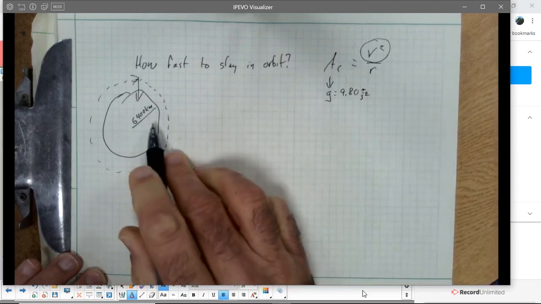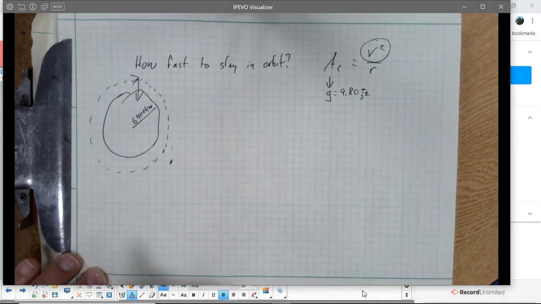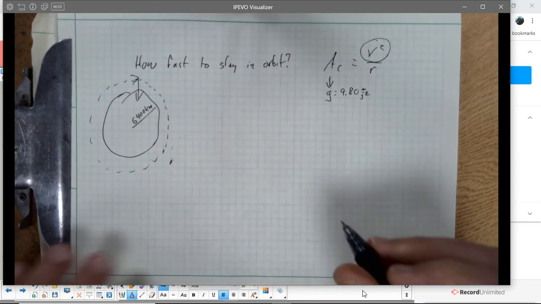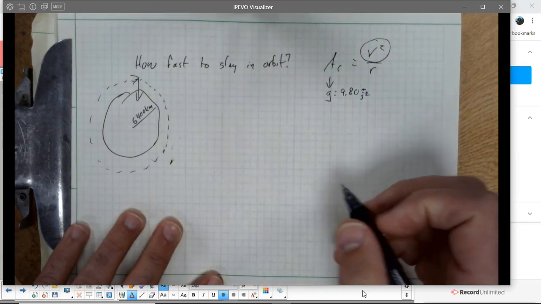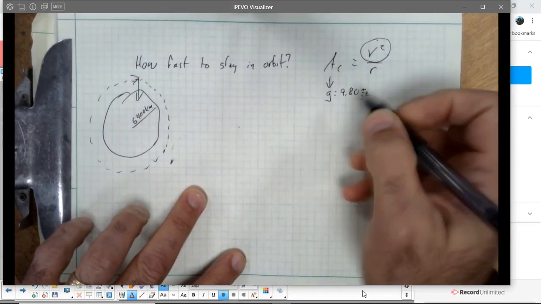Okay, so we've got the radius of the Earth and we've got g, and we're going to figure out the velocity. Pause this right now, see if you can figure it out, and then we will work through it. Right, this is actually pretty straightforward. A sub c equals v squared over r.